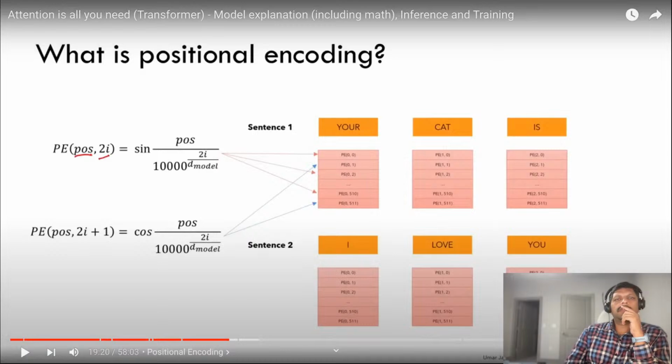So if you take the 3, the first number is 3i, that is 6.